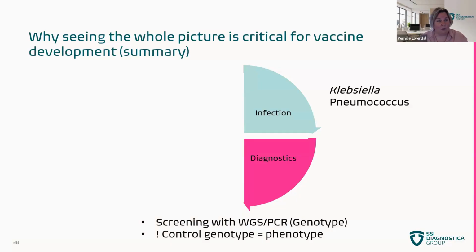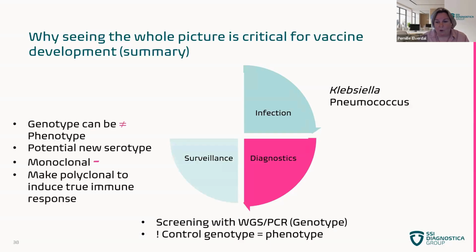And then, of course, the surveillance industry should always screen with both the genotypic method and the phenotypic method to see what serotypes are available. And those data will then lead into the whole surveillance industry. And it's important we don't use only the genotypic method, but we actually check that the genotypic method is aligned with the phenotypic method, or if it's a new potential serotype.